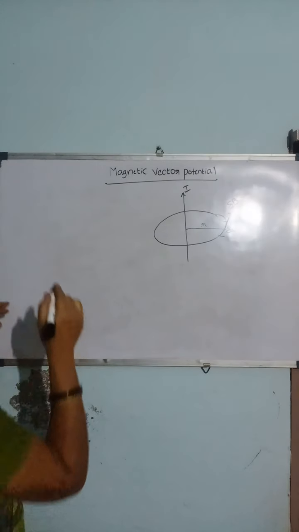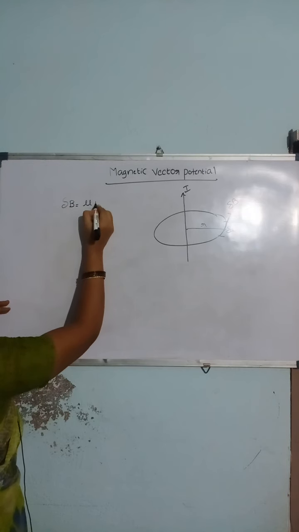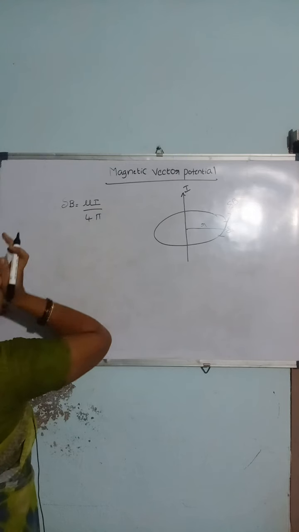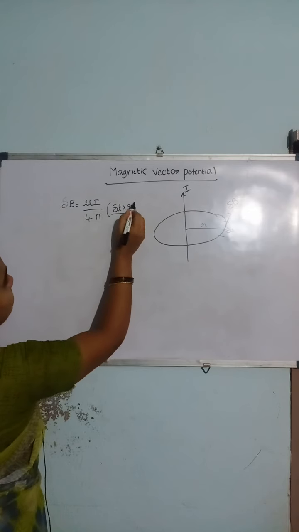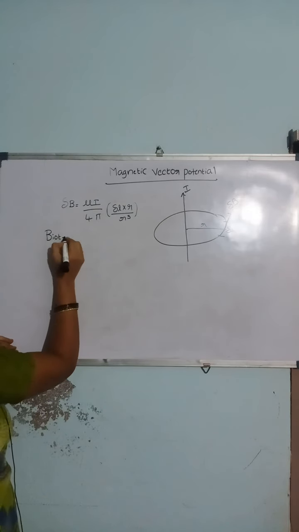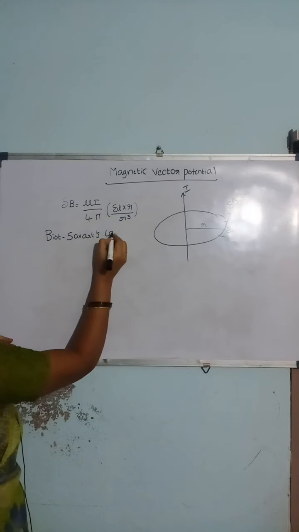According to Biot-Savart's law, what is delta B? Delta B is mu I by 4 pi, delta L cross r by r cube. This is Biot-Savart's law, which you have already studied in your degree.